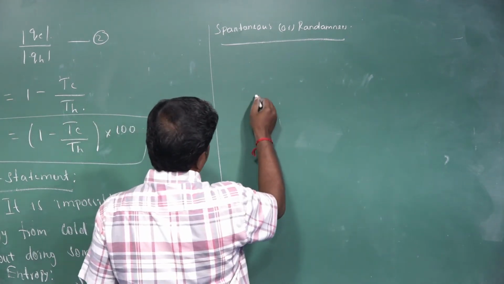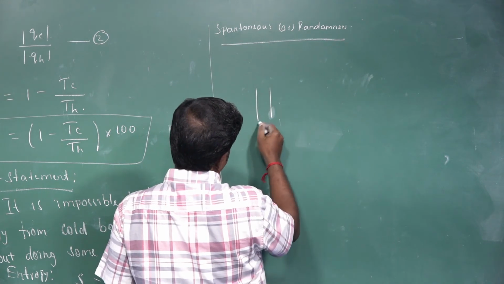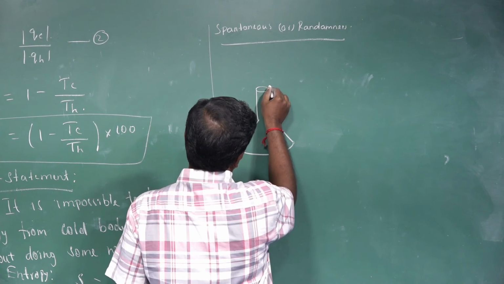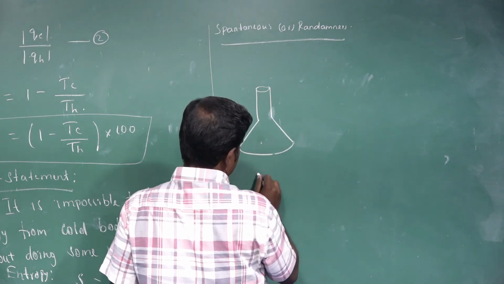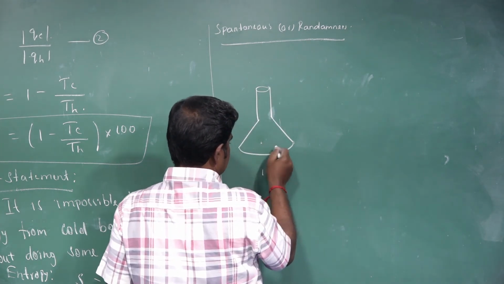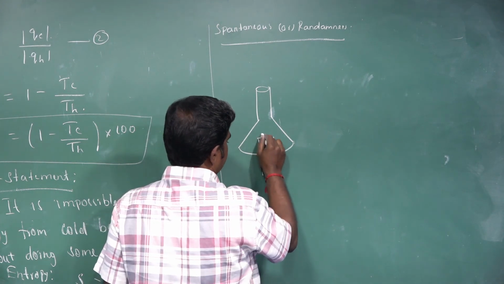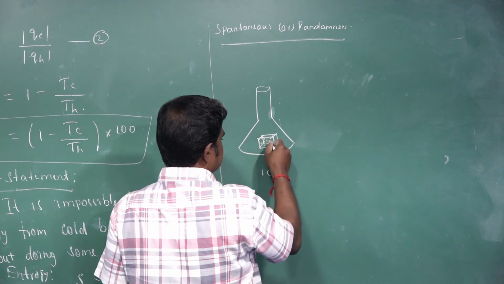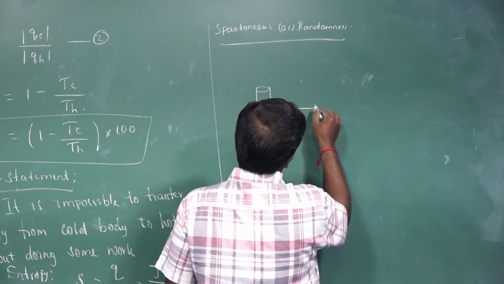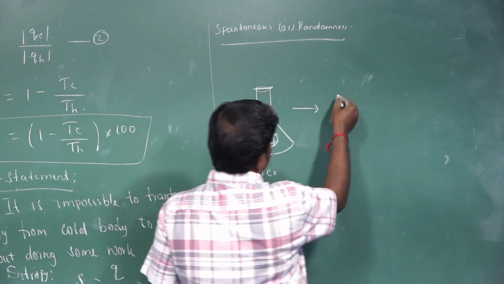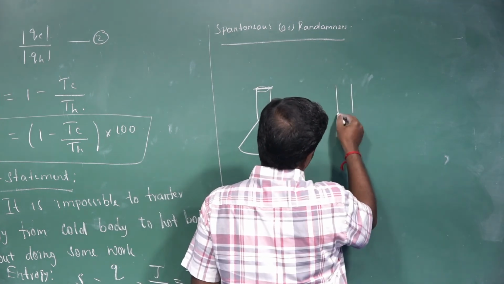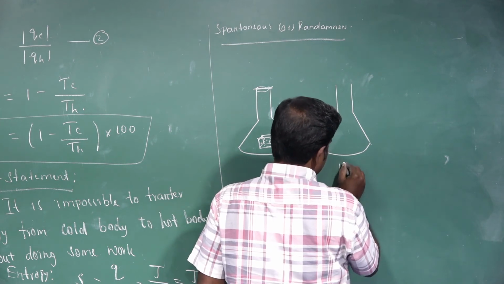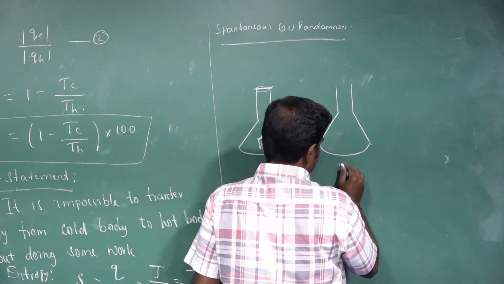We are taking three conical flasks, and here we are taking ice cubes. It is a sealed one. Then it is converted, it melts, and it will become water. So here it is liquid water.